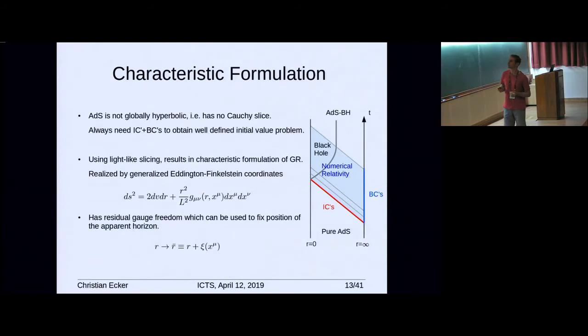What that means is, okay, let me make a drawing on the blackboard. For instance, asymptotic Minkowski spacetime has a Penrose diagram that looks like that. This is globally Minkowski, globally hyperbolic.